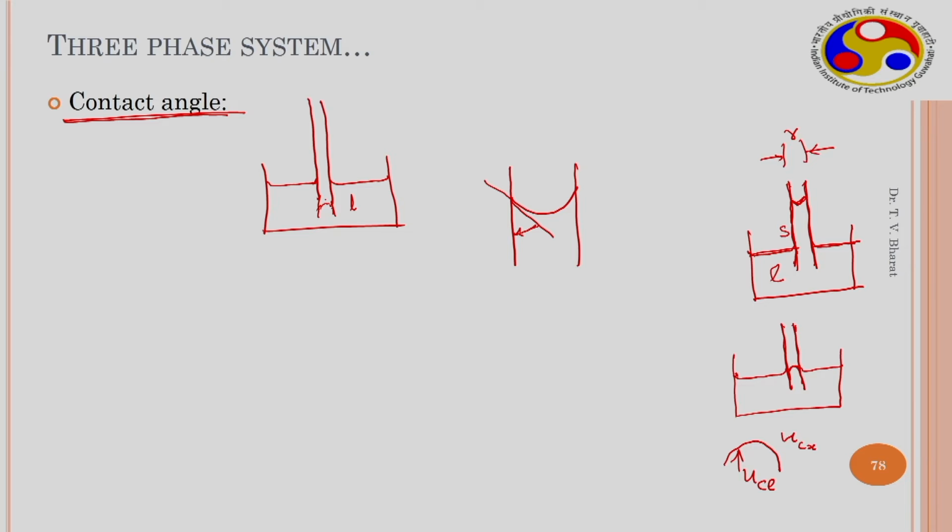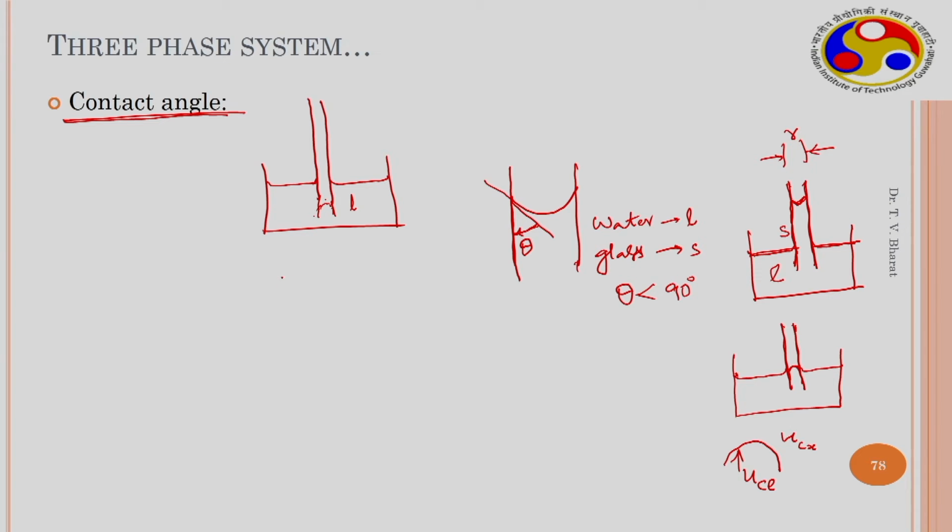Essentially the contact angle is a measure of the angle between the line tangent to the gas and liquid interface, and the line defined by the liquid and solid boundary, and it is measured within the liquid. So this is contact angle theta. Here, with water as liquid and a glass tube as solid, theta is less than 90.